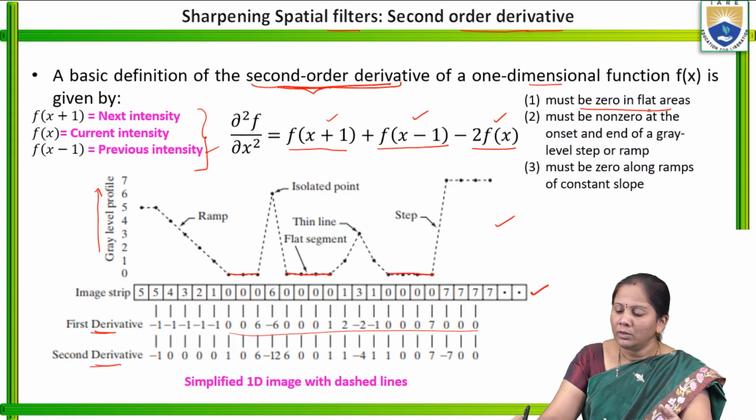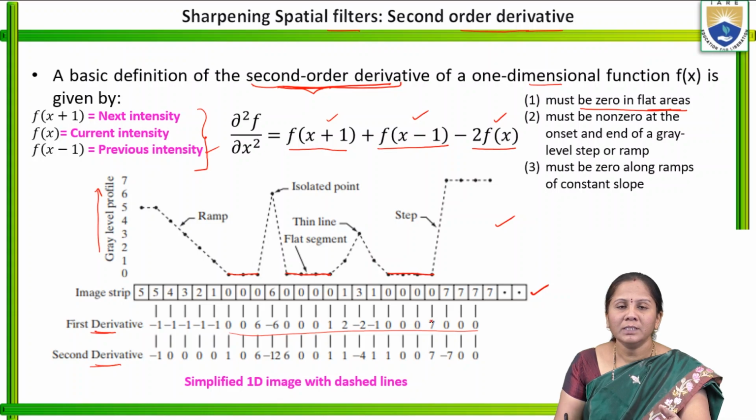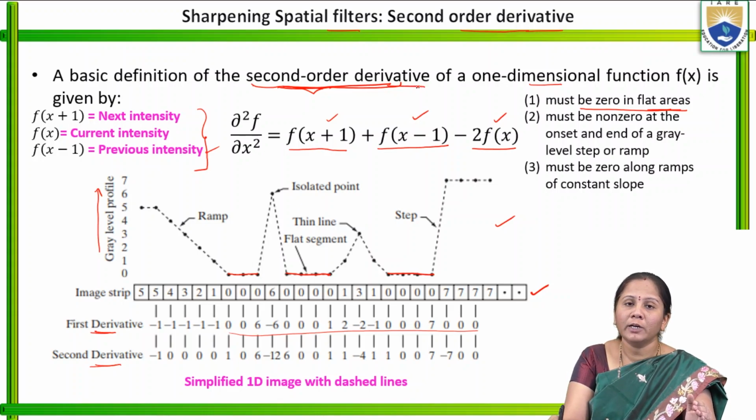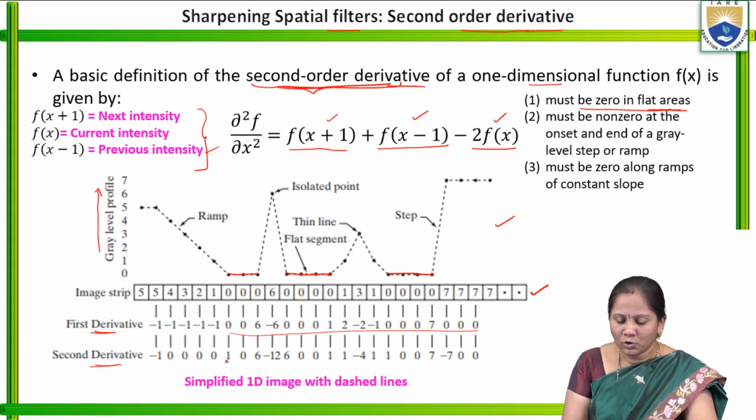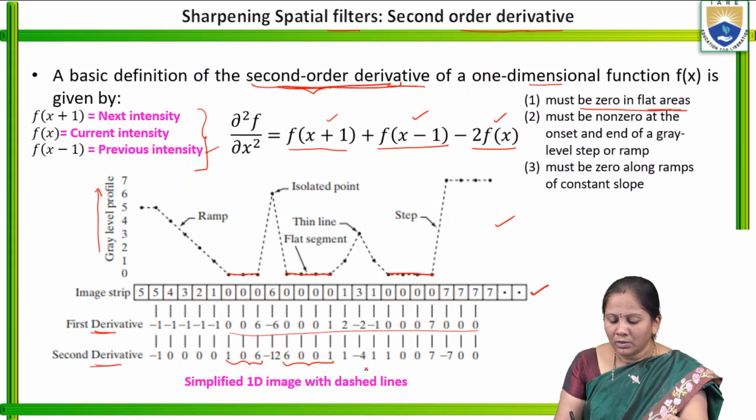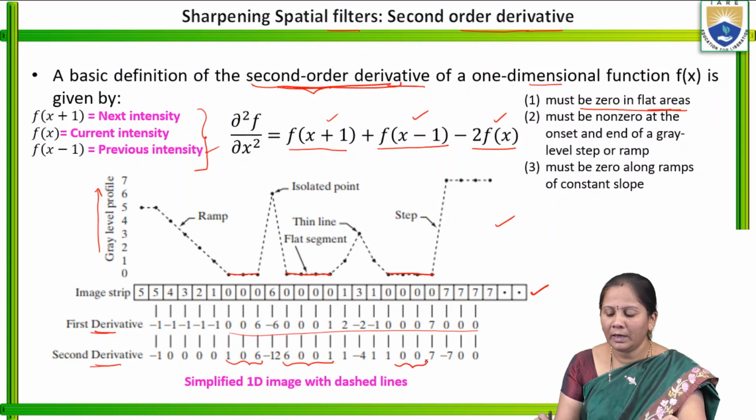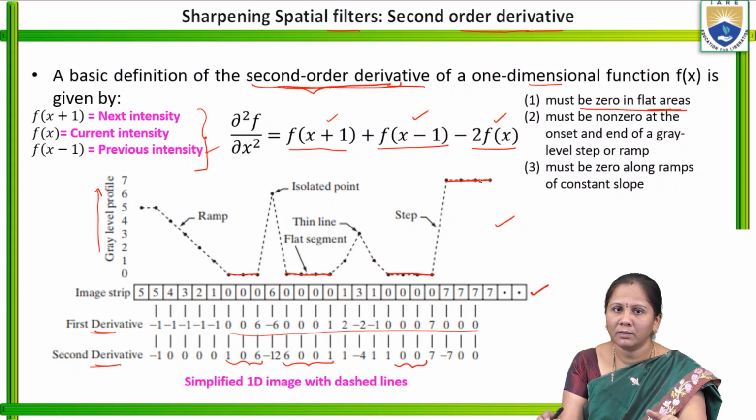Across these flat areas, the values will be 0. That means for the second order derivative, all these are the flat areas. And here also, even though it is high, the range is flat, so for this also we will have 0 values.